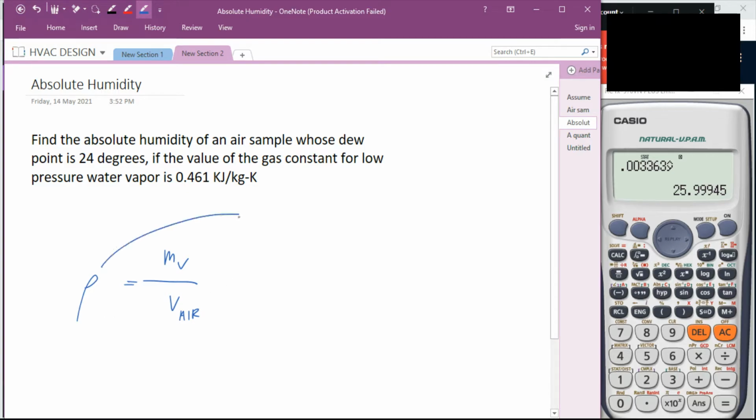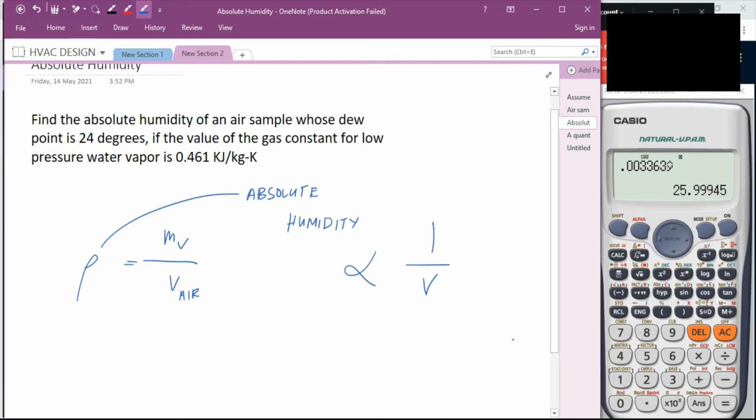So, density is absolute humidity. Which simply means that absolute humidity, mali tayo spelling. That it simply means yung absolute humidity is the inverse ng iyong specific volume of air. Oh, di ba? Yan yun.